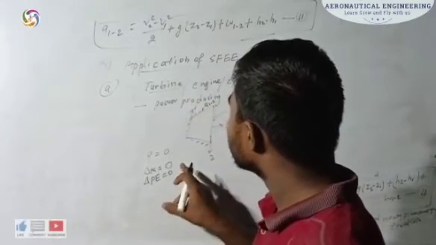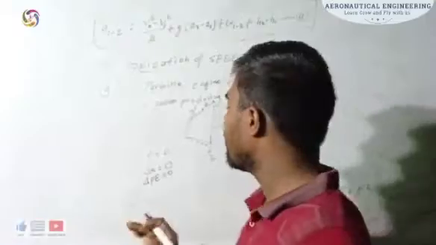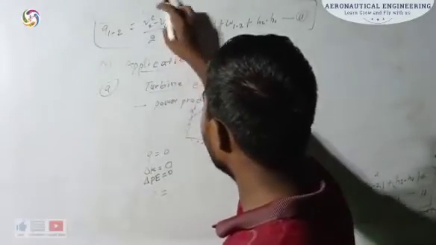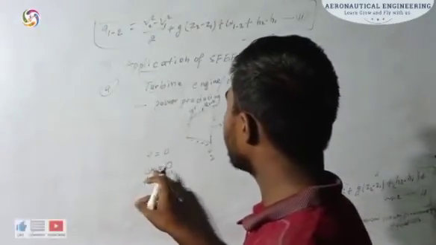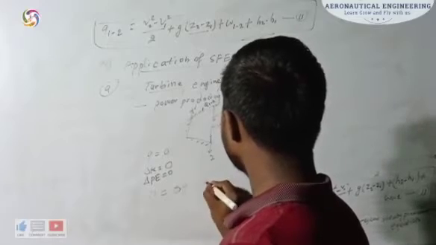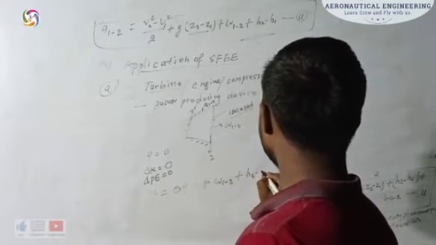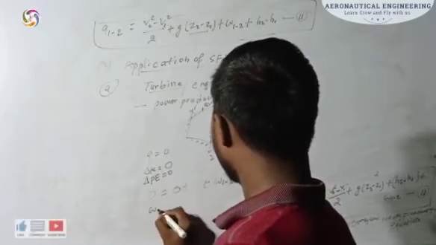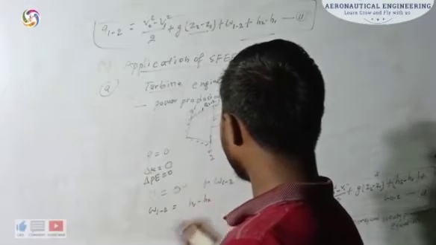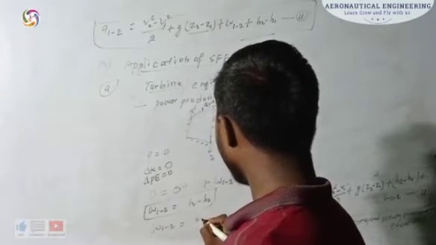Now substitute these conditions in equation 2, and we get the steady flow energy equation for the turbine. Q12 is 0, equal to, this whole term becomes 0 because velocity is 0, that is kinetic energy is 0, plus potential energy, this term also becomes 0, plus the work done, plus H2 minus H1, the enthalpy. Finding the work done, we get W12 equal to H1 minus H2.